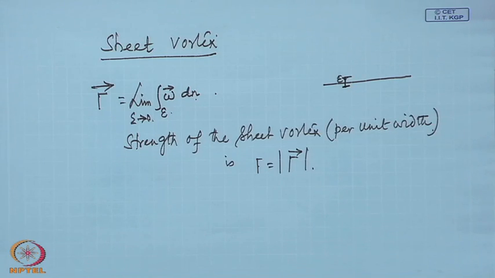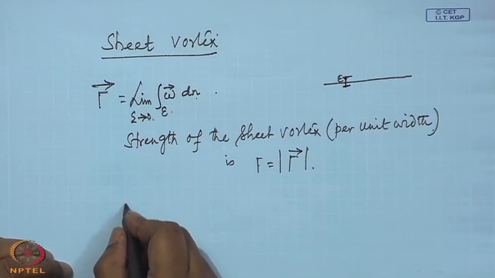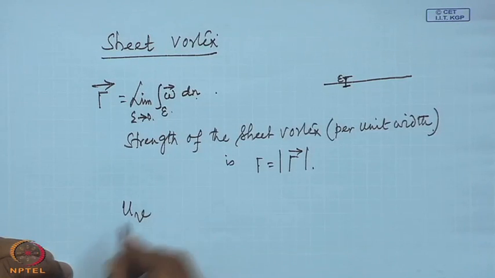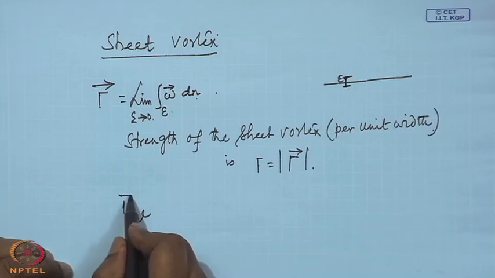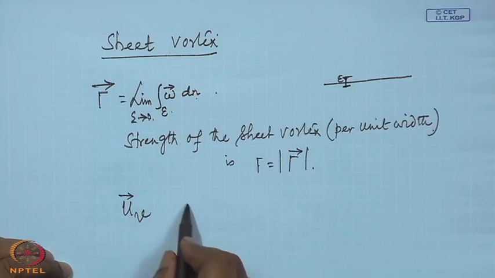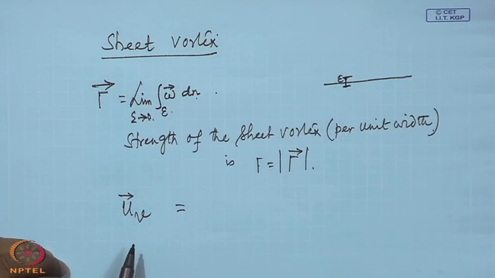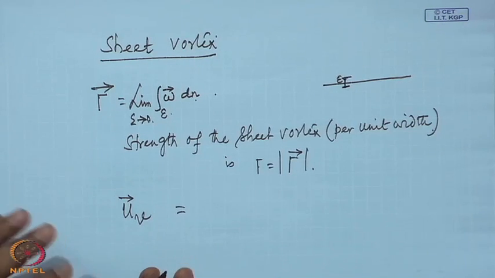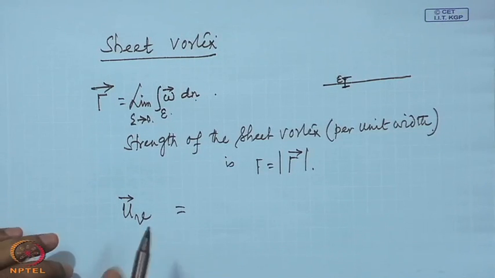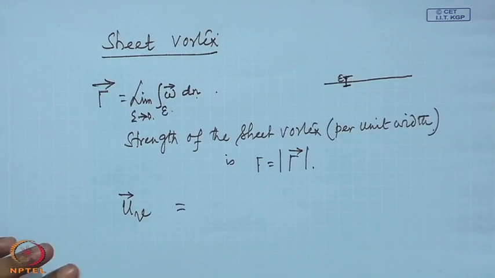And the strength of the sheet vortex is now. Let us see what would be the velocity field associated with this vortex distribution. Once again, that u v can be written as, okay, all these are functions of position as well as time, which we are not writing all the time explicitly. But remember that all these parameters are functions of position and time x, y, z, t, which we are not writing explicitly most often.